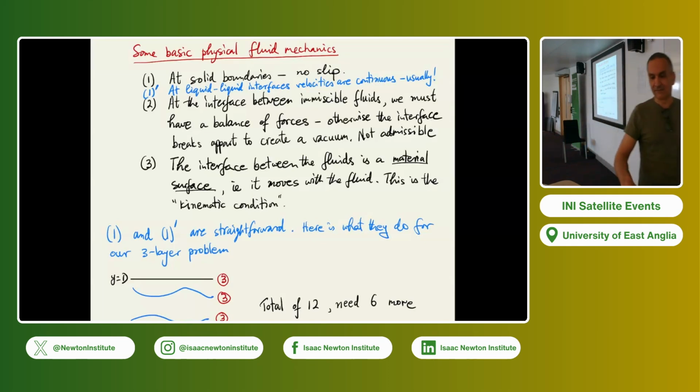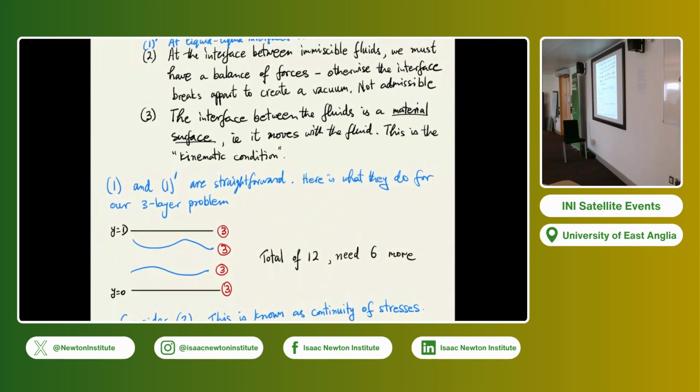So what does that give us? Well, if we have no slip, let me just do it for one of the boundaries. Y equals D is the top boundary. I have no slip there. For U, V, W, there are 3 velocity components. So I have 3 conditions there, right?